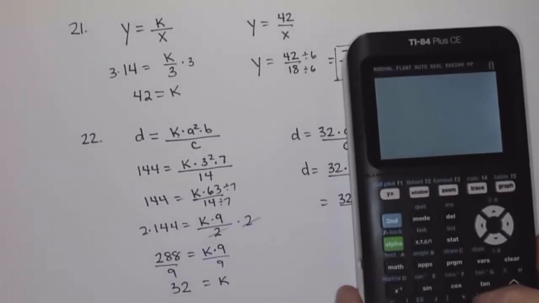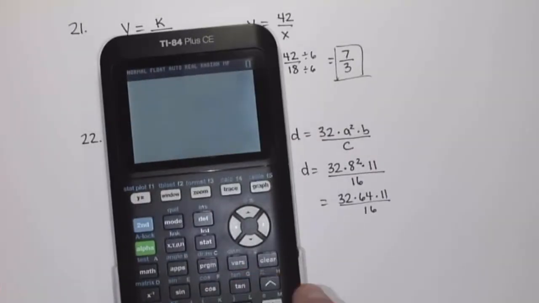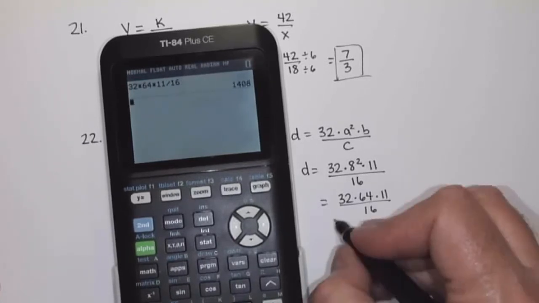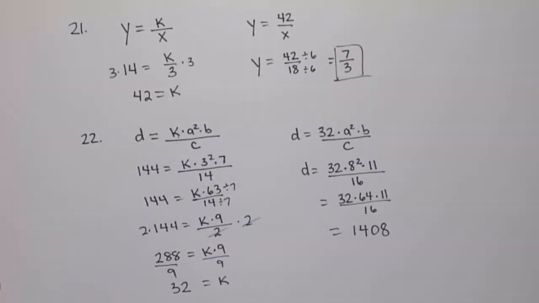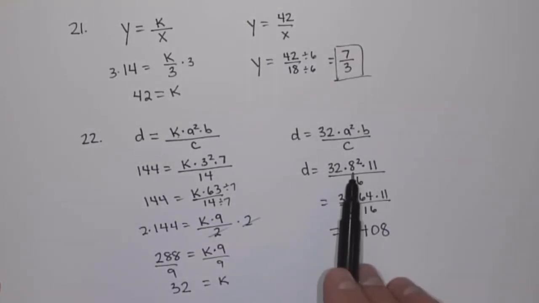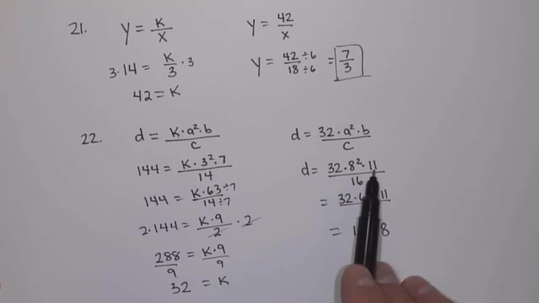And so if I bring in my calculator and do that work, 32 times 64 times 11 divided by 16, that is 1,408. So D will equal 1,408 if A equals 8, B equals 11, and C equals 16.